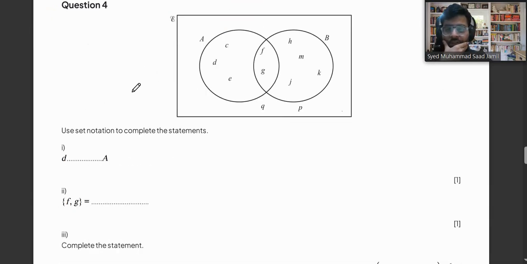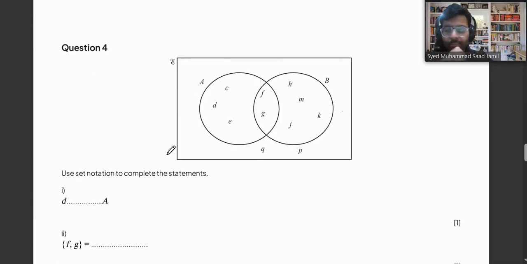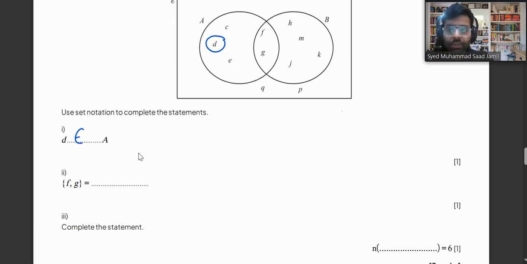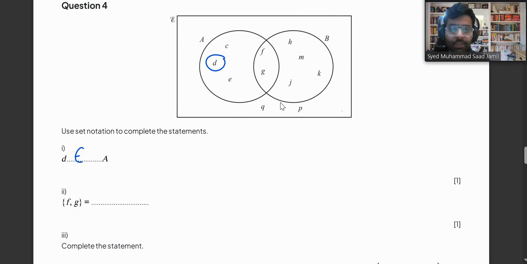Next question says use set notation to complete the statement. D dash A. So if you look at it, D is inside A, so you will use this. D is an element of A. Alright. Next question, F and G. So F and G are common in A and B. So F and G are A intersection B.